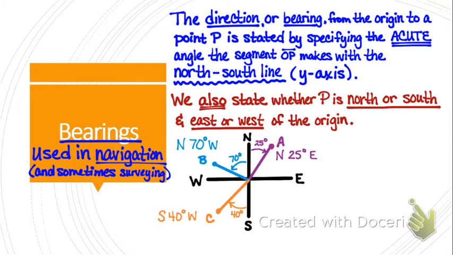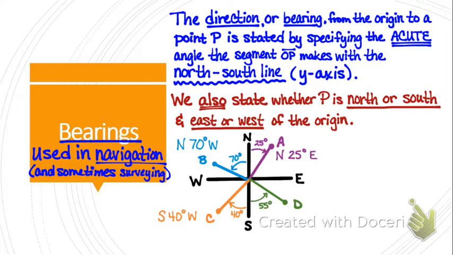Let's do one more. I want you guys to try this one on your own. This is point D. And I'm going to tell you that this angle right here is 55 degrees.